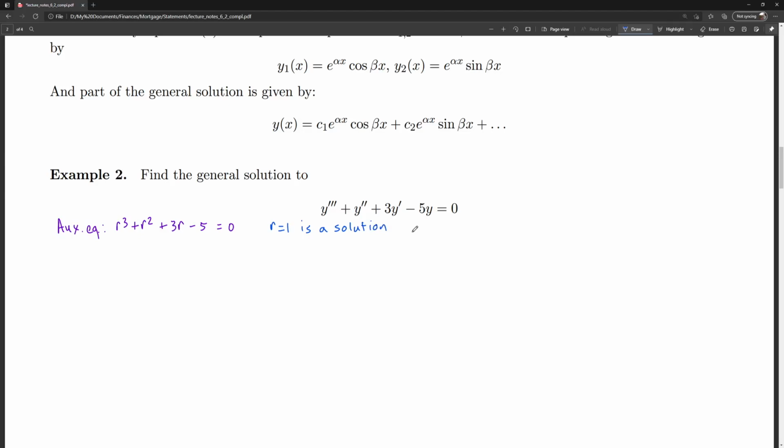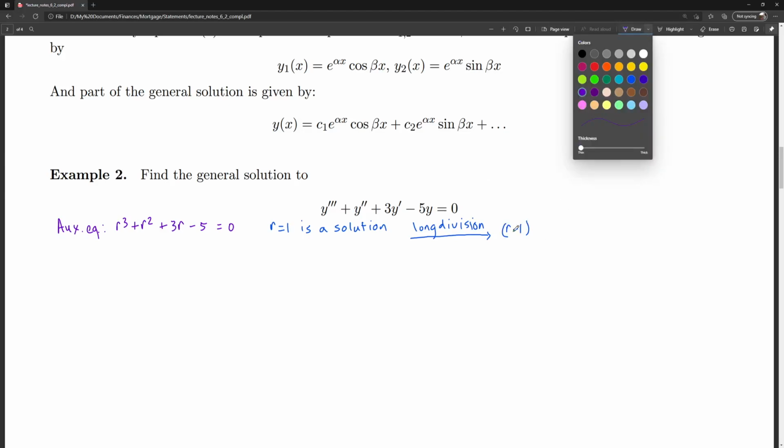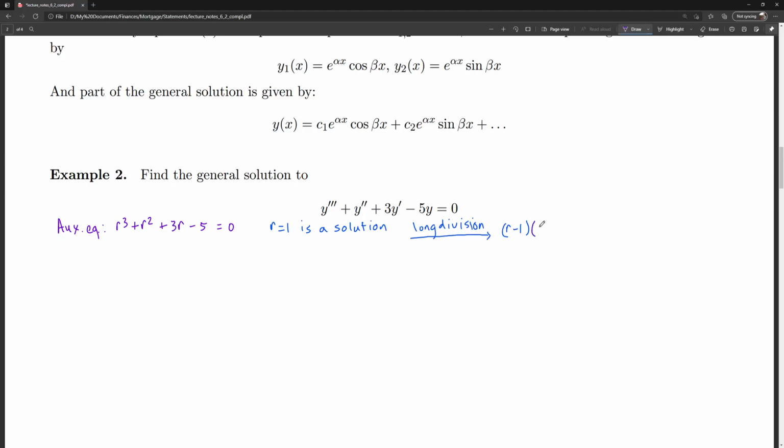So we can then apply long division, and this is something that you would have to verify yourself, but you can apply long division and we can factor out r minus 1, and then the rest of our auxiliary equation becomes r squared plus 2r plus 5, and then that equals 0.